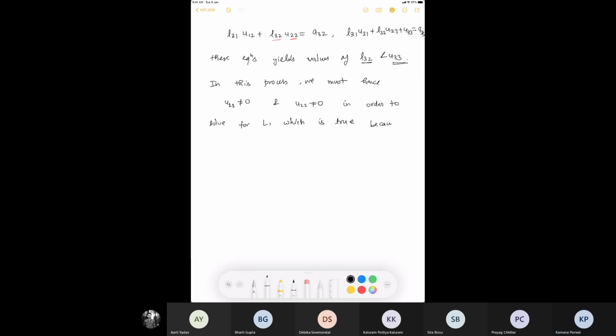because we have the assumption that all leading principal minors of A are non-zero.